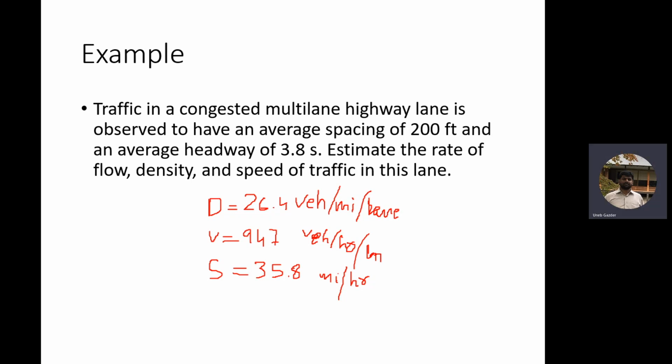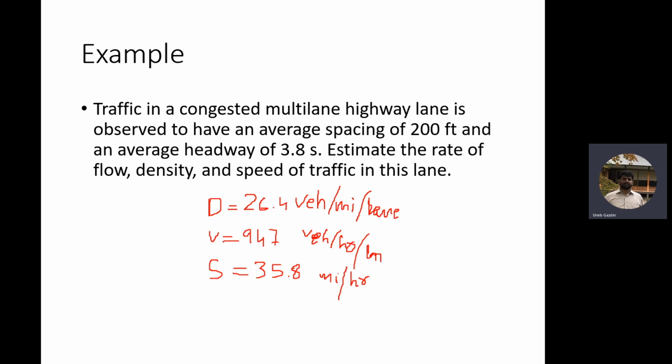But if speed in one lane is 35, speed in two lanes will not be 70. One car is going at 35 miles per hour in this lane. If it comes to this lane, it will also go at the same speed. So speed is never per lane.